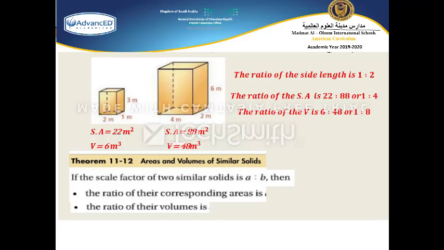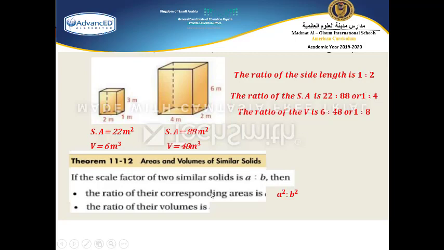Looking at this theorem: if the scale factor of two similar solids is A to B, like 1 to 2, then the ratio of their corresponding areas will be A squared to B squared. If we square the ratio 1 to 2, we get 1 to 4.